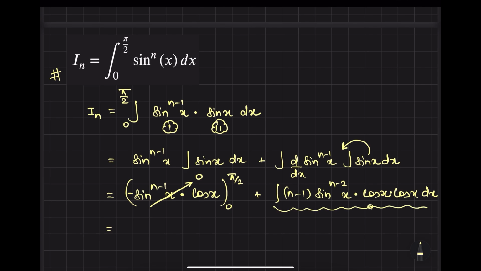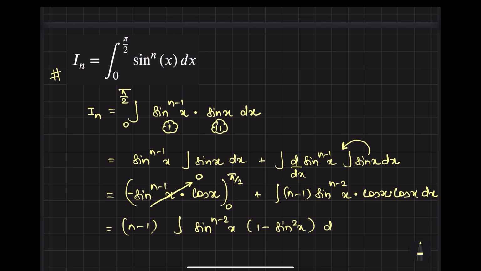Now, can I write down that cos square x is nothing but 1 minus sine square x? We will convert everything into sine. n minus 1 is a constant, so we take that outside: sine power n minus 2 x, and then 1 minus sine square x dx. Till this part you are okay?